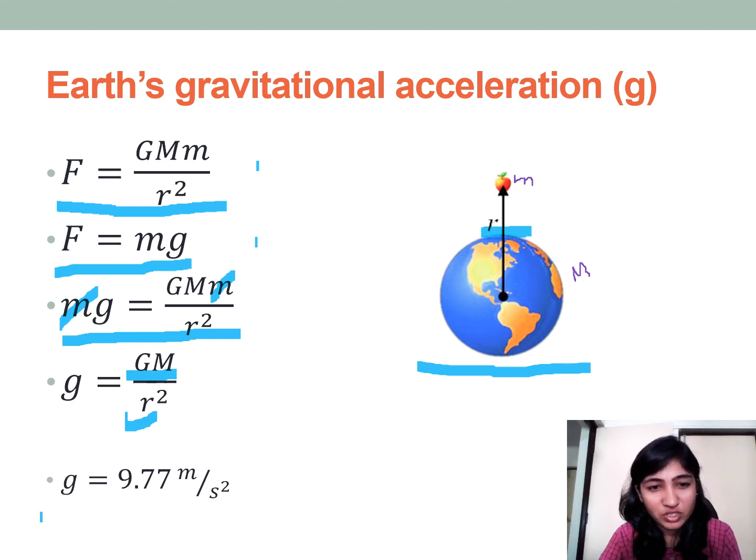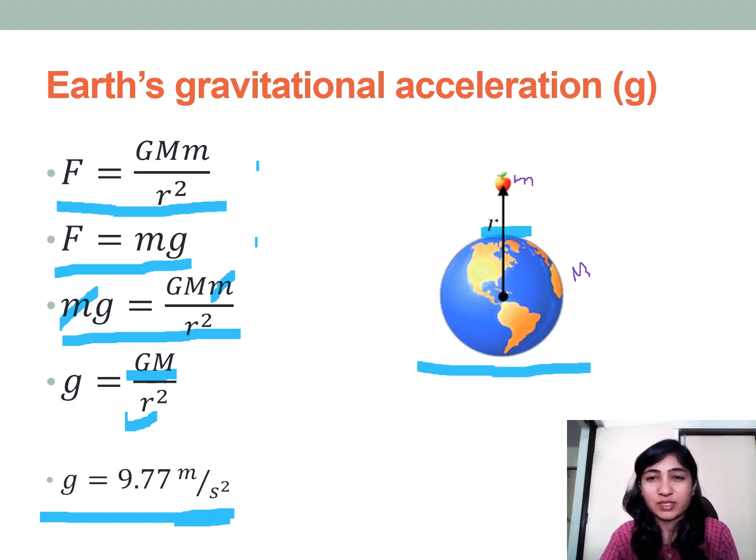So the value of g at the surface of the Earth is around g is equal to 9.77 meter per second square. The unit is meter per second square because this is acceleration, and we know the unit of acceleration is meter per second square, right?